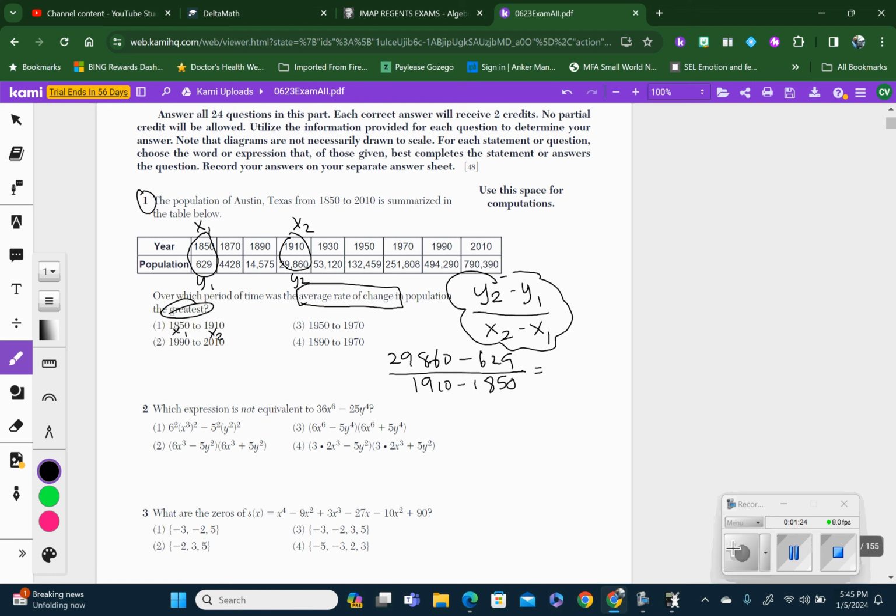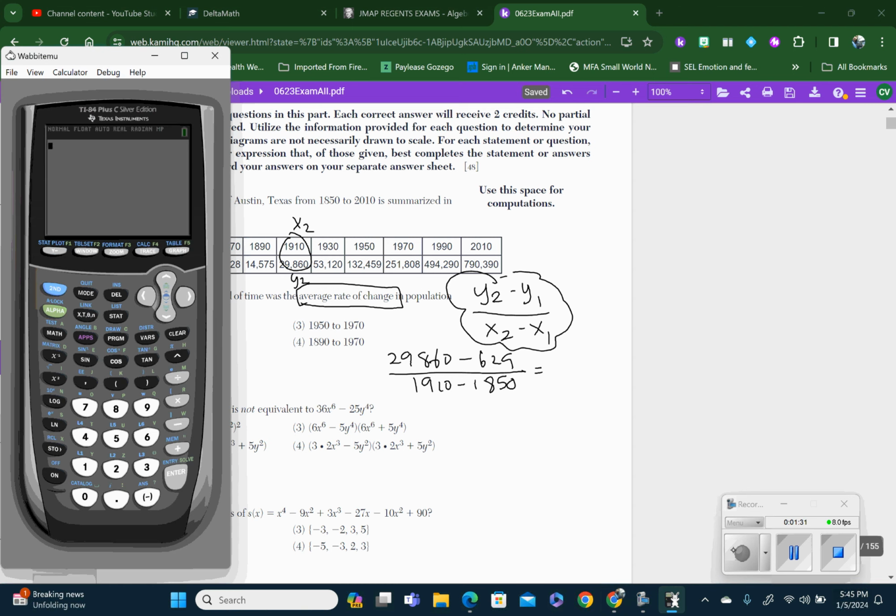You're going to find your average rate of change by plugging that into the calculator. To get a fraction bar in the calculator, I'm just going to do one with you. Alpha y equals, option number 1, and then you put in exactly what you wrote down: 29,860 minus 629, and on the bottom 1910 minus 1850, and we hit enter.